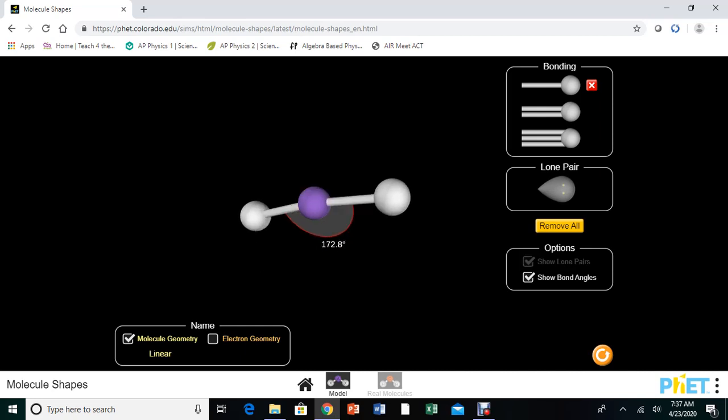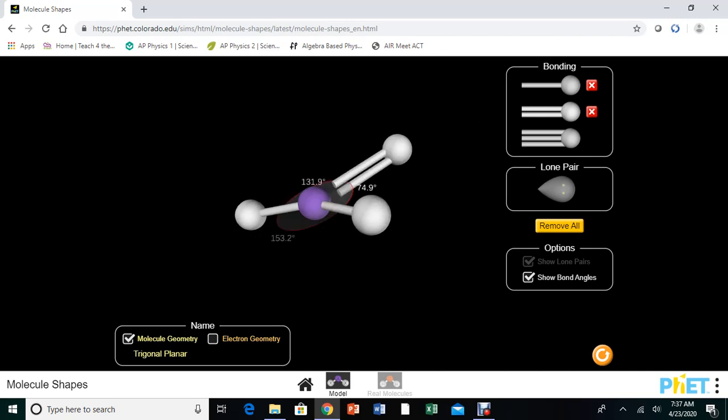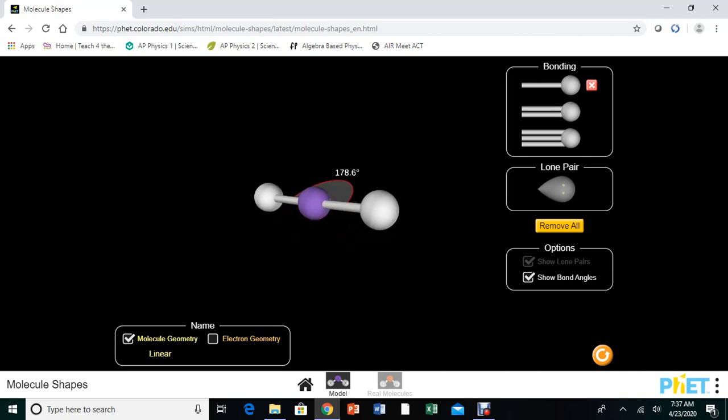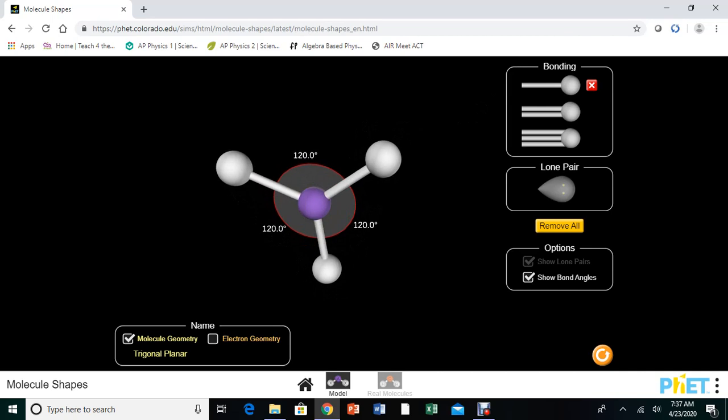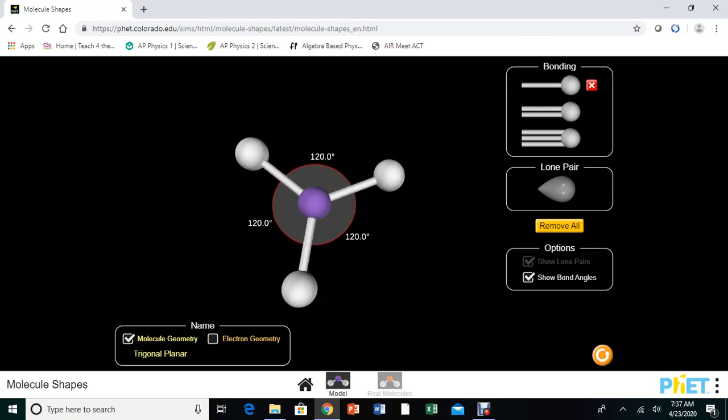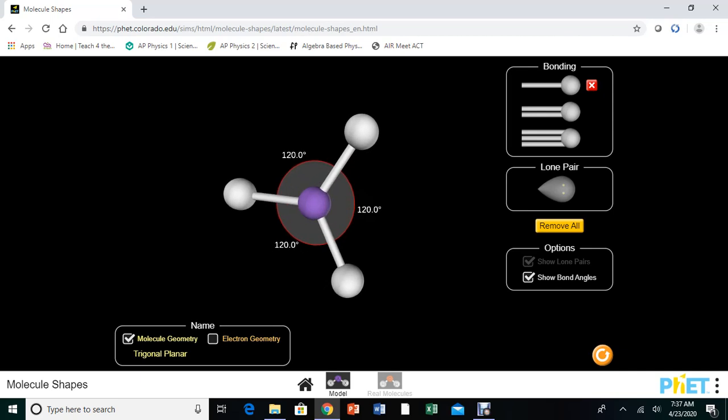So let's go back to our regular molecule and let's add a linear molecule. Let's add another bond. So here we have another bonded atom, which changes the bond angle to 120 degrees, and notice the molecular geometry is trigonal planar.